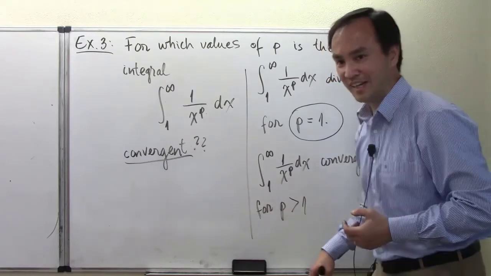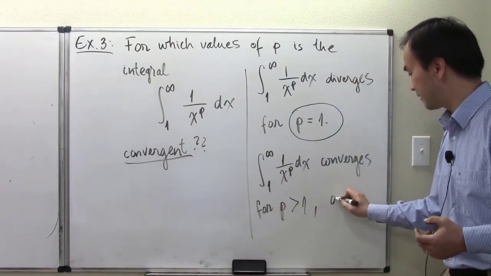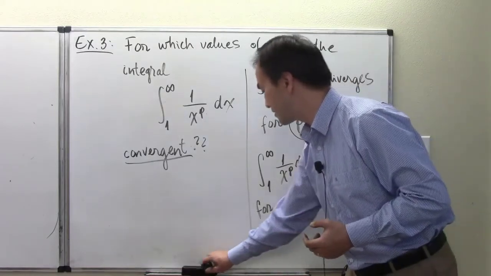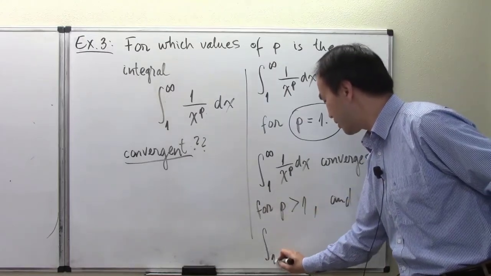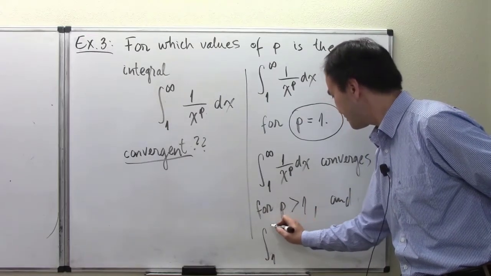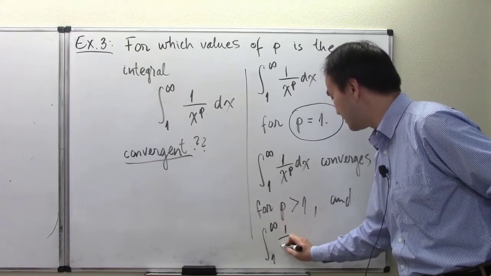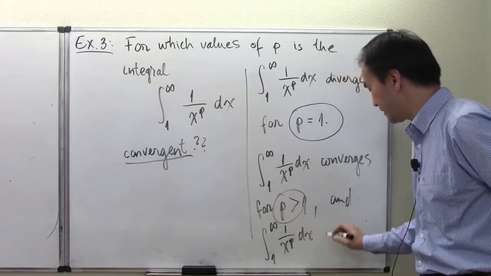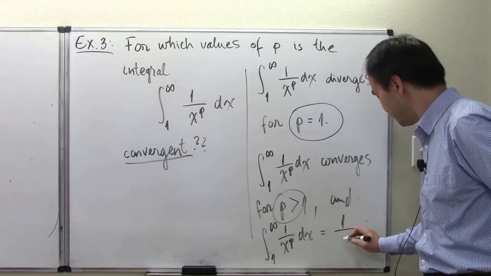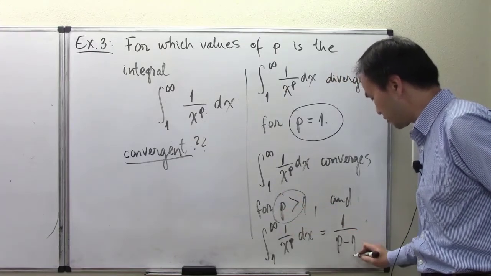And further, we also found out, so right now I'm just summarizing things, that in the case when p is greater than 1, the answer is 1 over p minus 1.